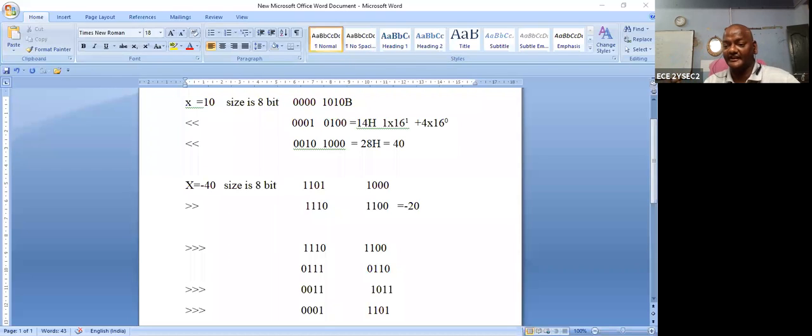The first thing is you should convert minus 20 into binary form. Then it is considered as a large value. So minus 20 signed right shift by 2, you are not getting minus 5. So this is 10734, a large value.